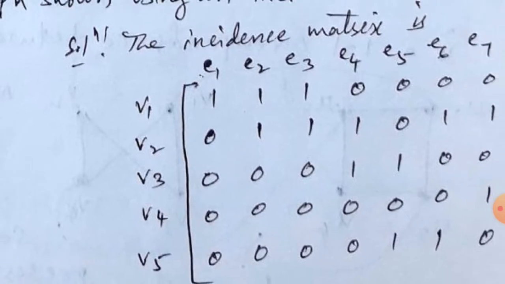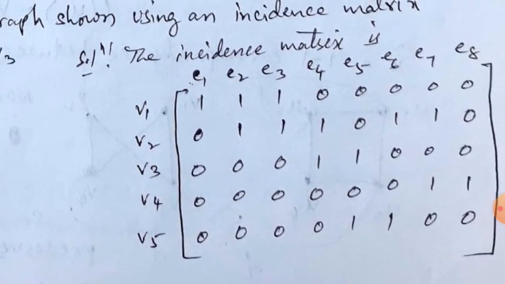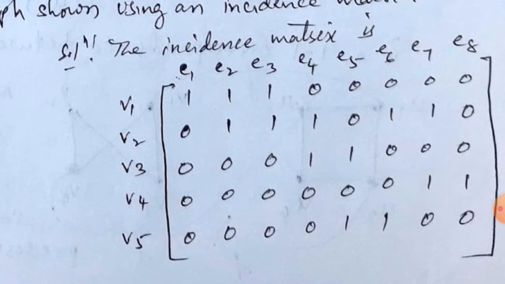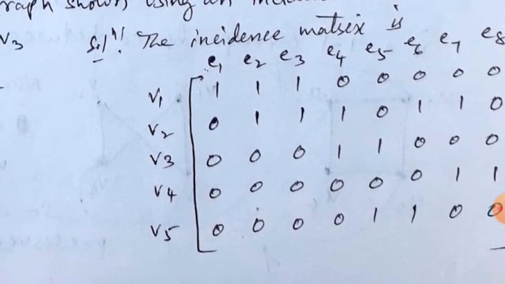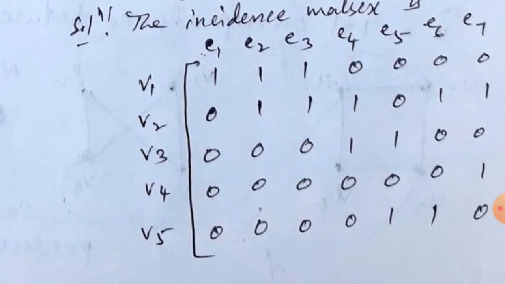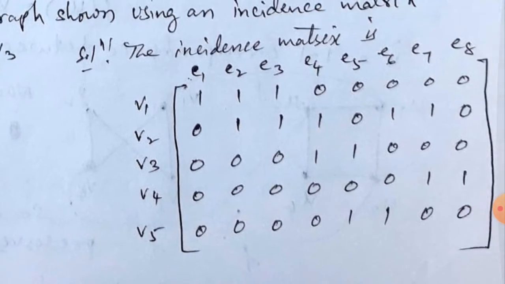Now before drawing this graph, you simply label V1 to V5 as small circles. Five circles you have to label somewhere on plain paper. Then you have to add lines through all these V1 to V5 vertices using these entries.